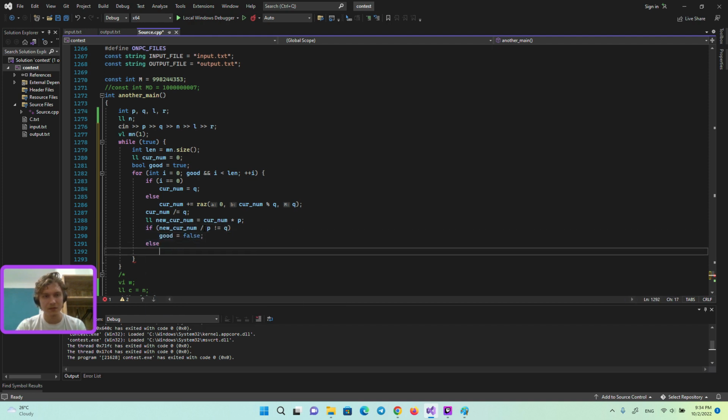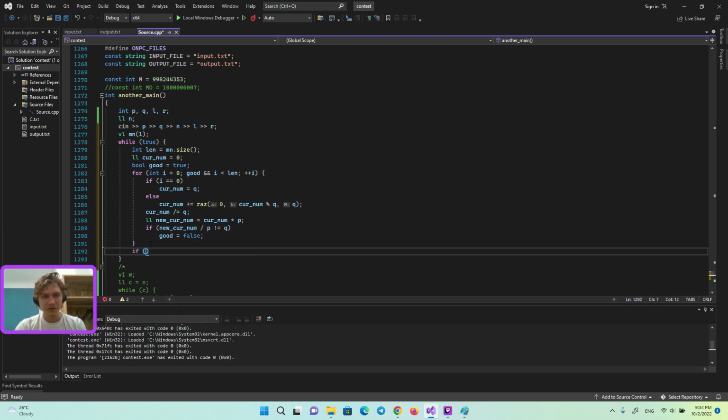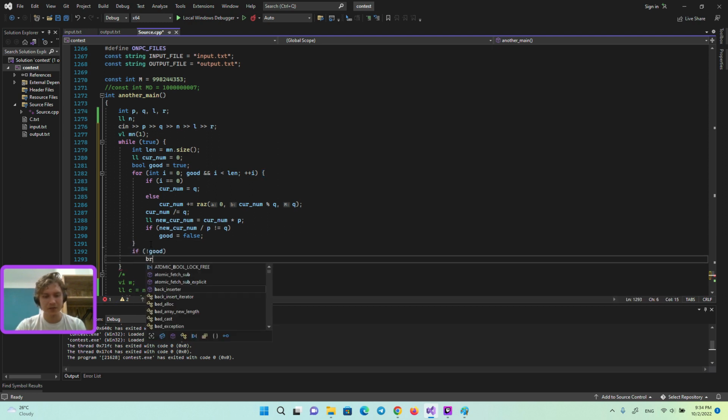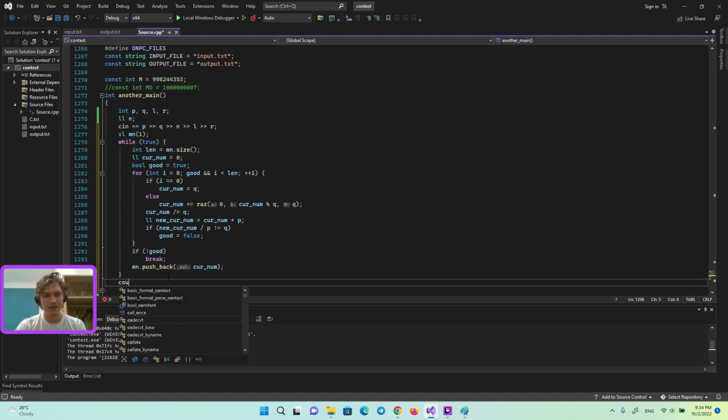Okay, no, we don't need else. So if not good, then break. But else, mn dot push back car num. Okay, let's see out all these numbers.